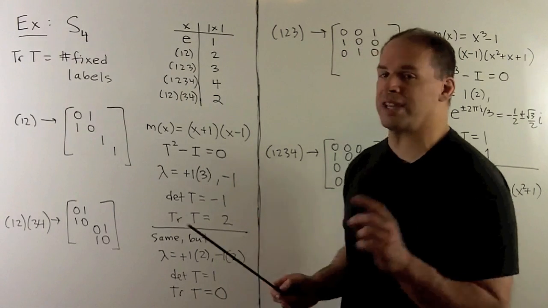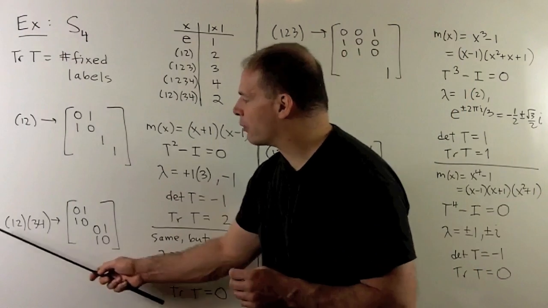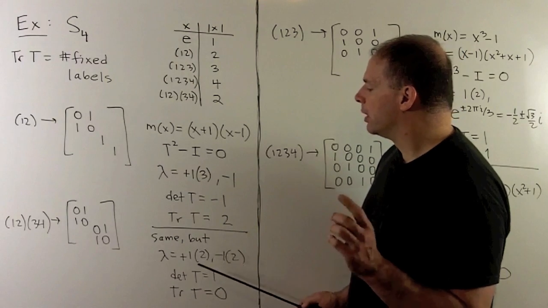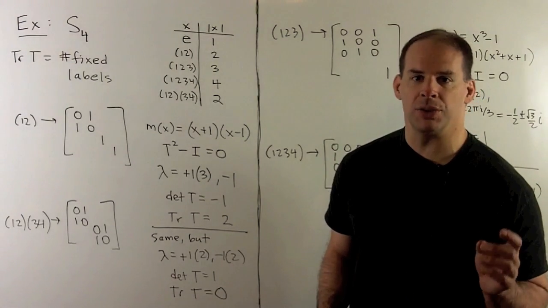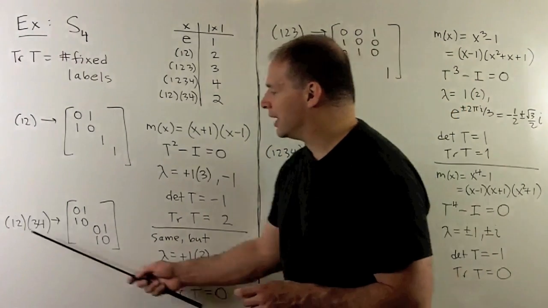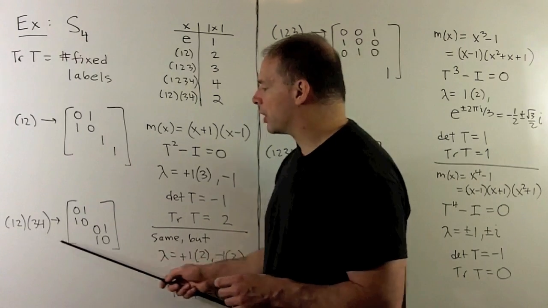This is saying that t squared is the identity. That's coming right from the group. These elements have order 2. Eigenvalues: here we're going to have 1 with multiplicity 2, minus 1 with multiplicity 2 also. Determinant is equal to 1, so this is an even permutation, and the trace is 0. So there are no labels that are fixed.